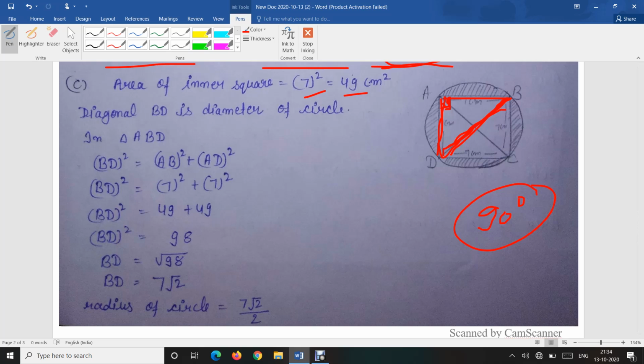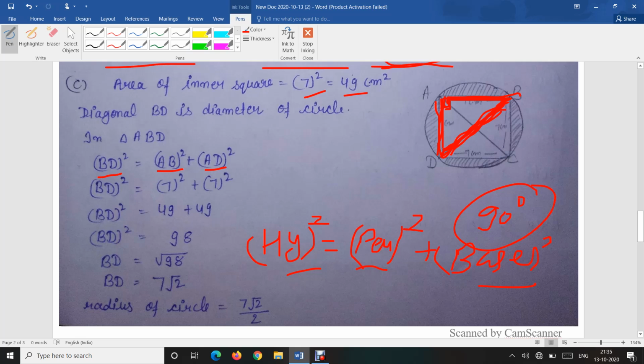If we have a right angle triangle, then we can apply the Pythagoras theorem, according to which hypotenuse square is equal to perpendicular square plus base square. In this case BD is the hypotenuse, AD is the perpendicular and AB is the base. So BD square is equal to AD square plus AB square.